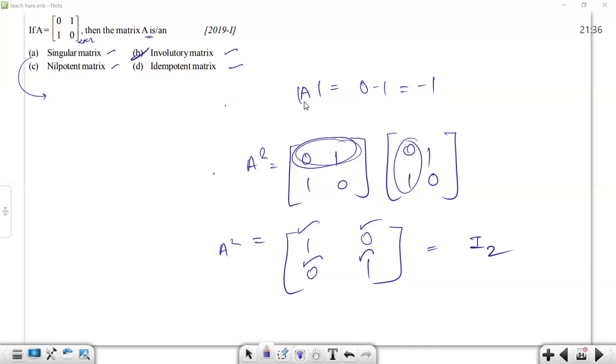Okay, Yarini, what is an idempotent matrix? Sir, can I say what is a singular matrix? Yes, Guru. Sir, it has a determinant of 0. Okay, and what about a nilpotent matrix?